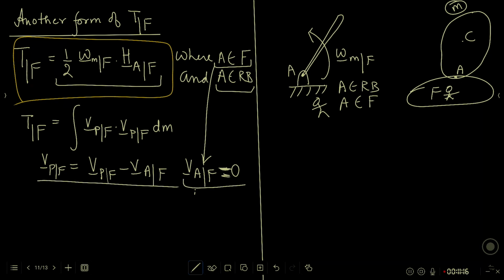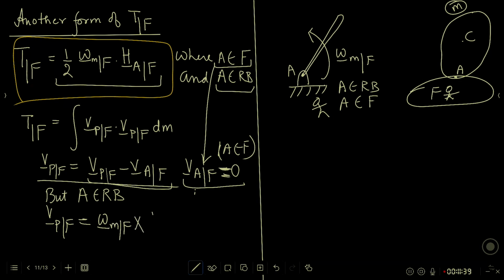Alright, and if A is fixed in the RB also, then you can write VPF minus VAF as omega MF crossed with RPA, velocity transfer relationship. Okay. So let us use this equation 2 in 1.